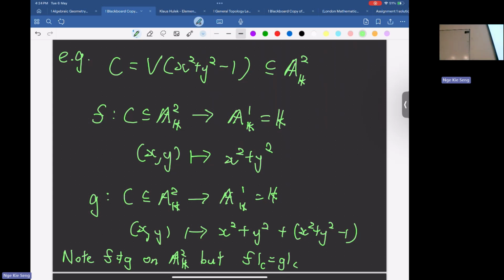It's just 0. This is what we mean from yesterday's notation. If you just evaluate at C, they are the same function. In fact, this function is actually a constant function on C. You always get 1.